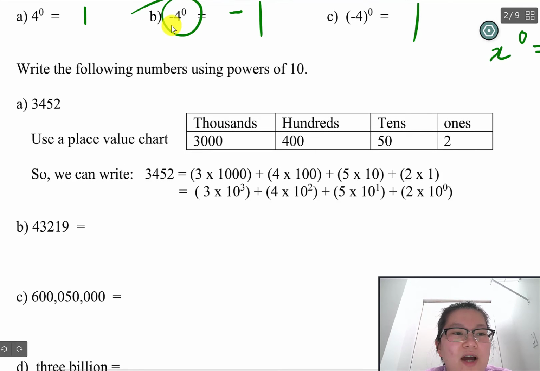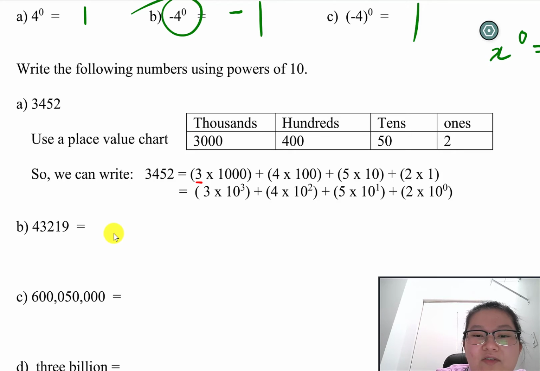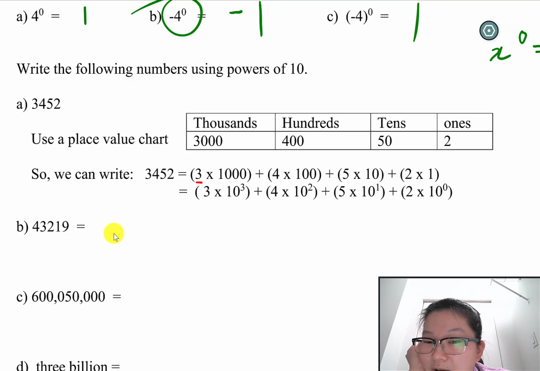So we want to write 3,452 using powers of 10. The first thing that we should do is identify the thousands place value, the hundreds, the tens, and the ones. So we know that 3,000 here is made up of 3,000, 400, 50, and 2. So we're kind of splitting up the place values that way.